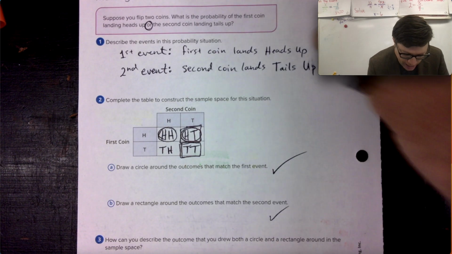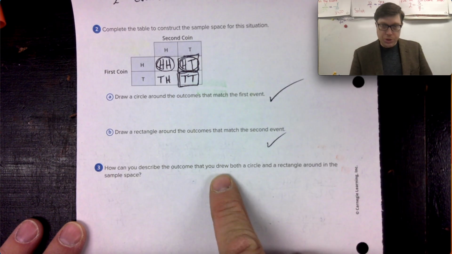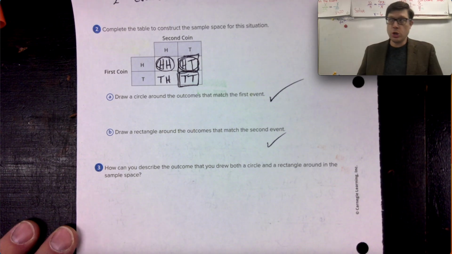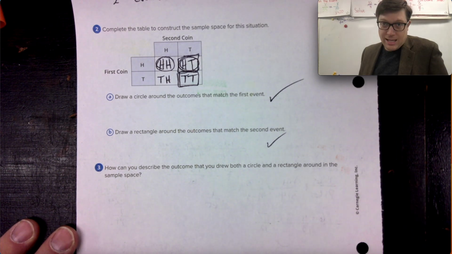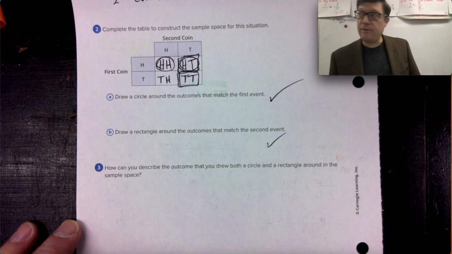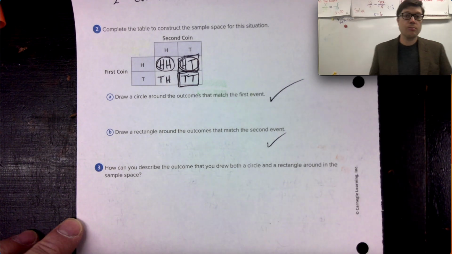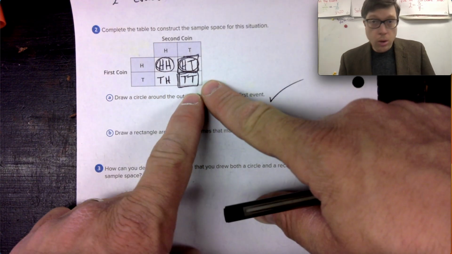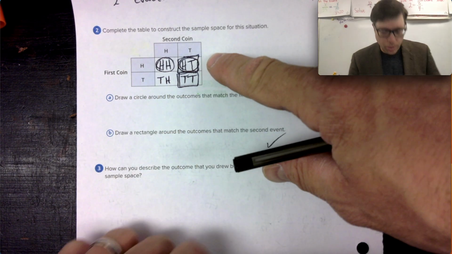How can you describe the outcome that you drew both a circle and a rectangle around in the sample space? So if the first event says heads up and the second event says tails up, it could be the scenario where it's only one, but this is both.